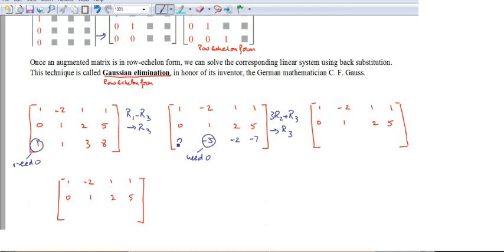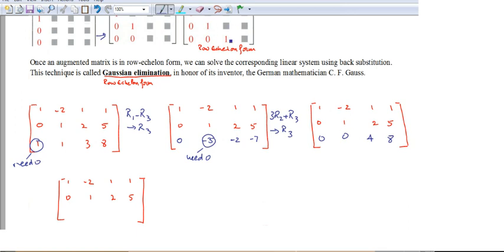And so it's going to be 0 times 3 is still 0, add to 0 is 0, 3 minus 3 is 0, 6 because 3 times 2 is 6, 6 minus 2 is 4, and 3 times 5 is 15, minus 7 is 8. Now I'm moving, I already have 1 here, I need 1 here, but I already have it.